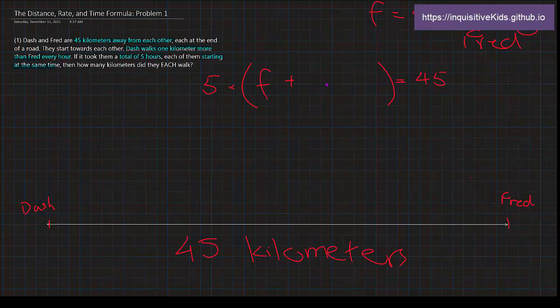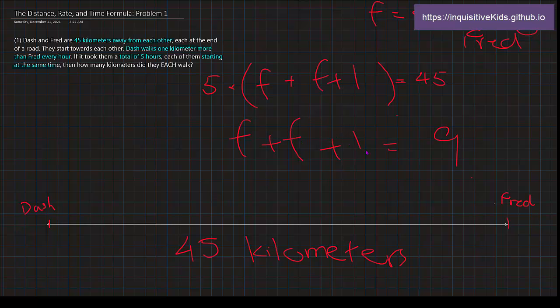So f plus 1. Now we have to solve for f, then find f plus 1, which is Dash. So let's see, we can first divide by 5 on both sides. That gives us f plus f plus 1 is equal to 9.